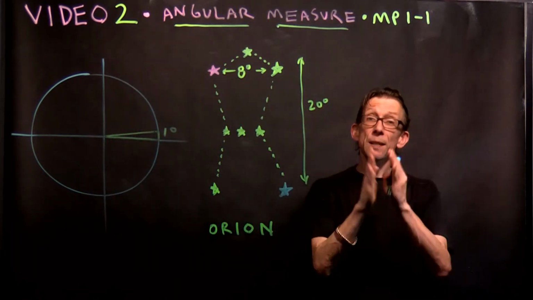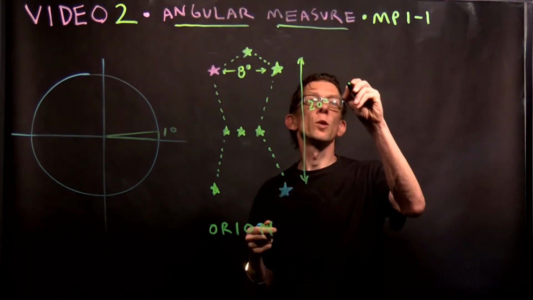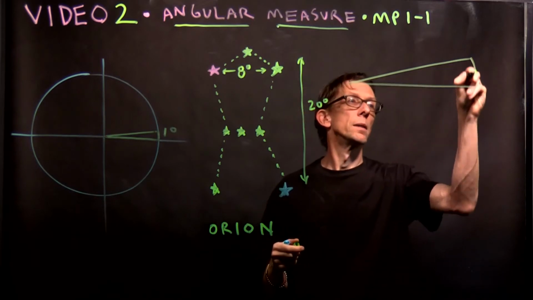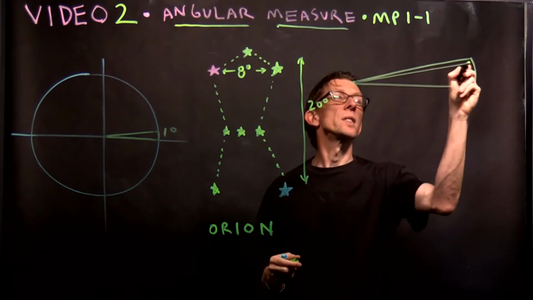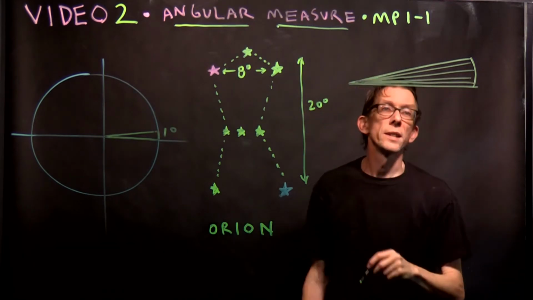But I can slice my pieces even finer. I can take my 1 degree slice of pie and break it up into 60 more slices of pie.